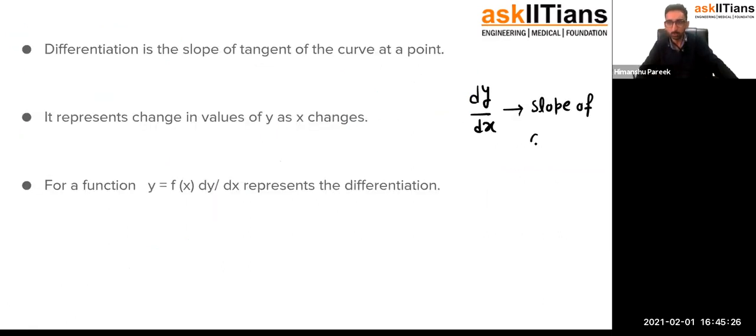The slope of the curve at a point. That is what the meaning of dy by dx. Okay. And this is nothing but the differentiation.